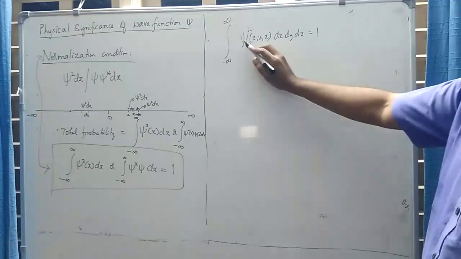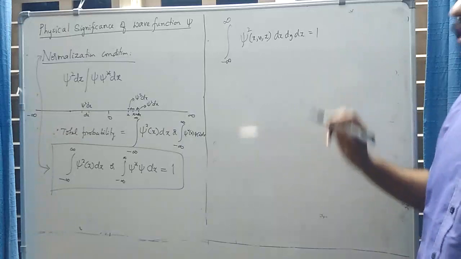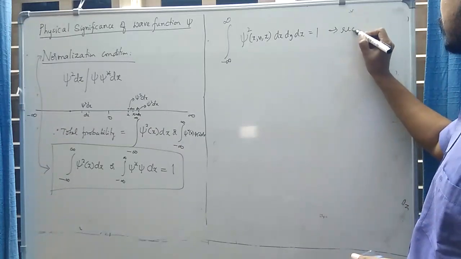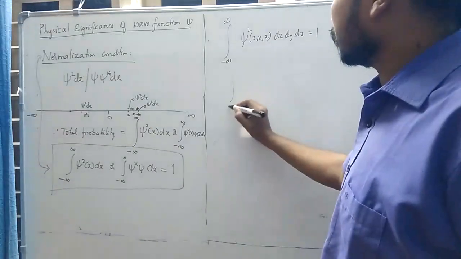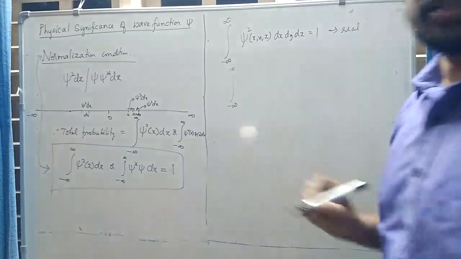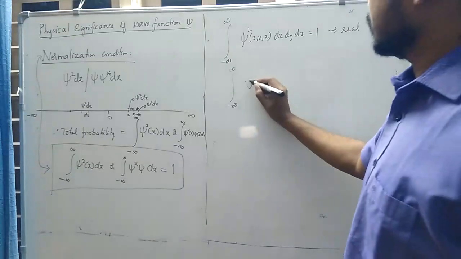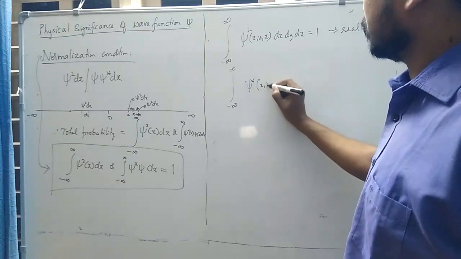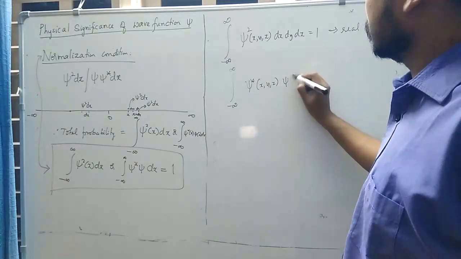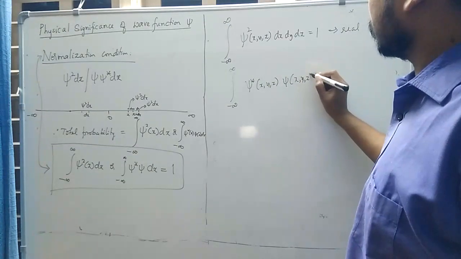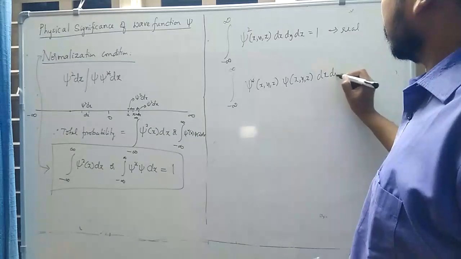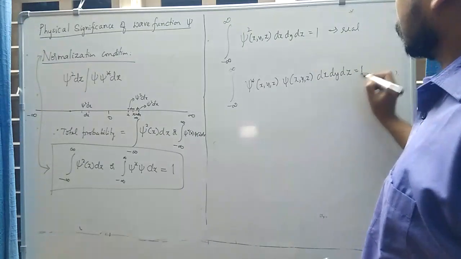So the total probability is equal to 1 if this is a real function. If it is a complex function, it is the integration from minus infinity to plus infinity of psi star of x comma y comma z into psi of x comma y comma z into dx into dy into dz is equal to 1.